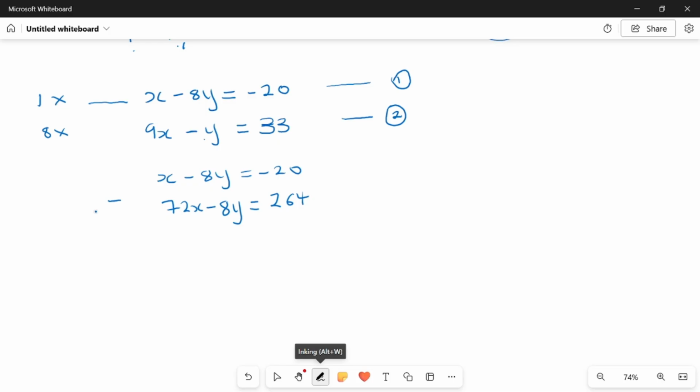So we subtract both equations. x minus 72x will give us minus 71x.